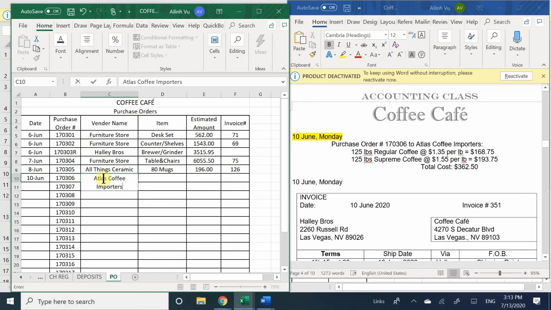All right, what am I buying? I'm buying 250 pounds of coffee. And I'm quoted for $362.50. Okay?